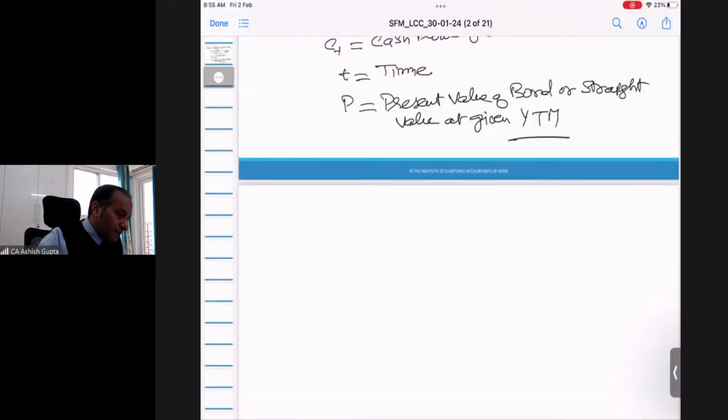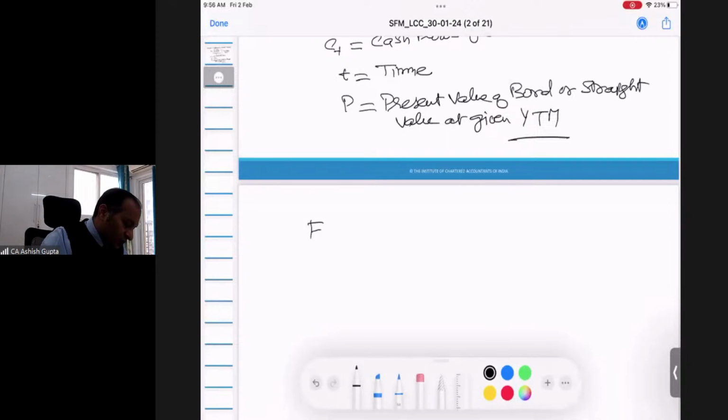Now next comes, students, if you see your study material, there is another approach given to you to calculate it, a kind of formula approach.